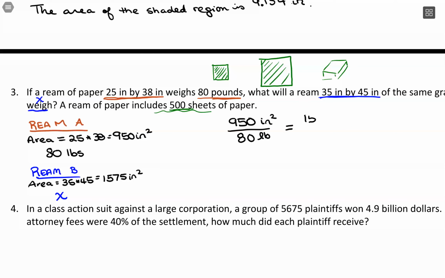equals 1,575 square inches to, and then our unknown. So we're going to cross multiply. So we'll have x times that 950 and 80 times the 1,575, and then we're going to divide by 950.